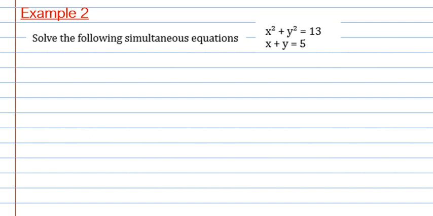Example 2. So we have this equation. We call it again equation 1, equation 2. I'm going through this because it's a similar example, but this one is slightly different. I often get questions about how to do this one, so I'm going to go through it step by step.